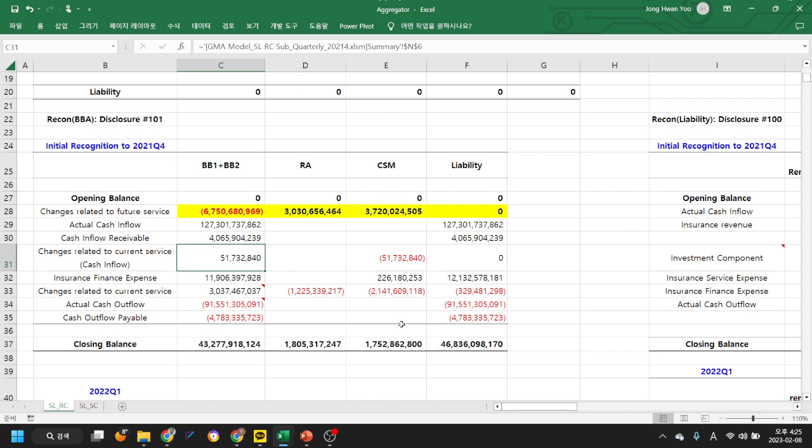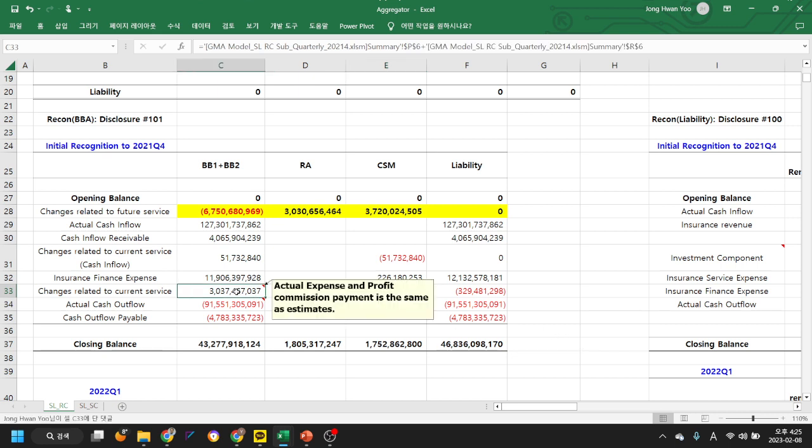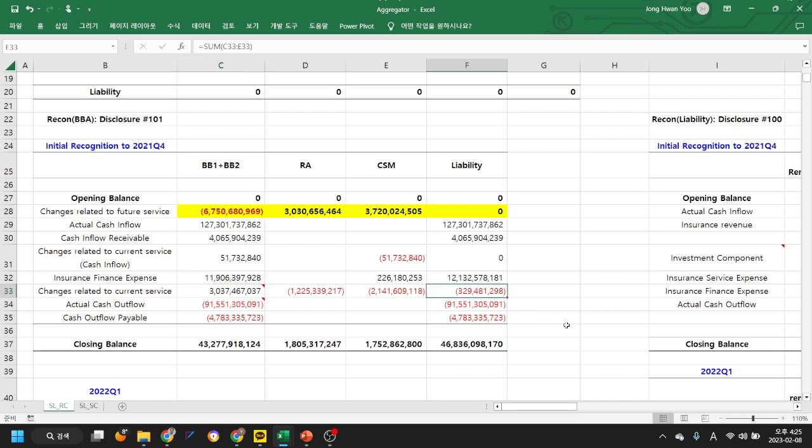And after that, I allocate all the numbers for this period, this amount. Those are going to be recognized as profit, including this experience adjustment, and we come up with this as the realized profit between those two periods.